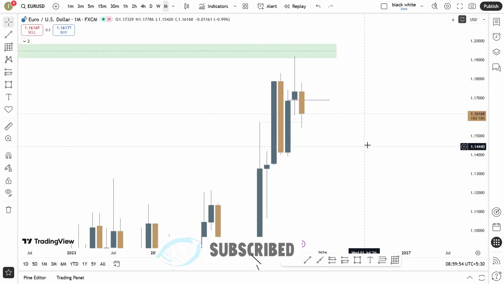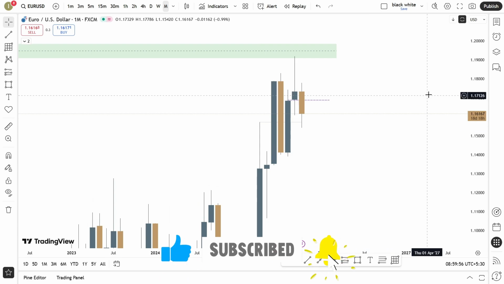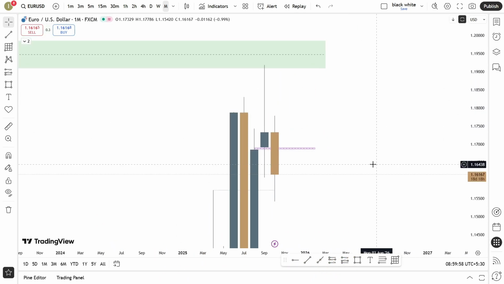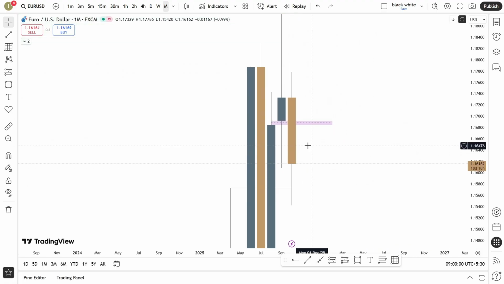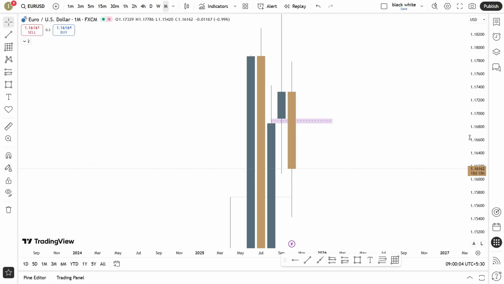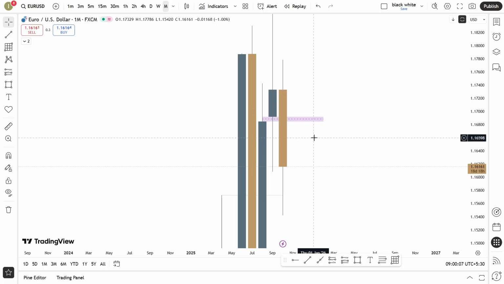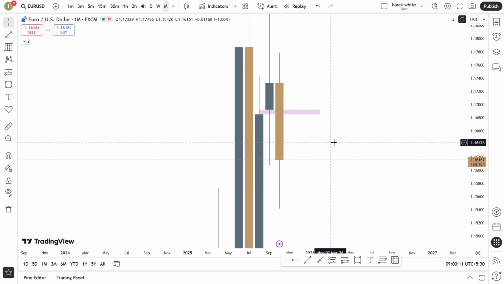So right now the bias is not much clear though. What we have here is this level of BPR, oh sorry, the volume balance zone, I almost always mess up with this. The volume balance zone, which can possibly act as a resistance for the price.